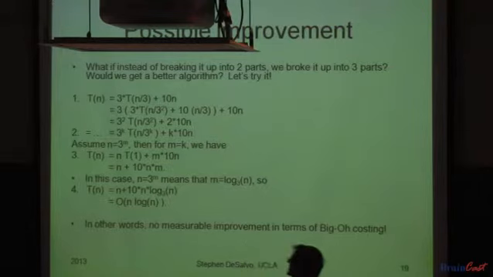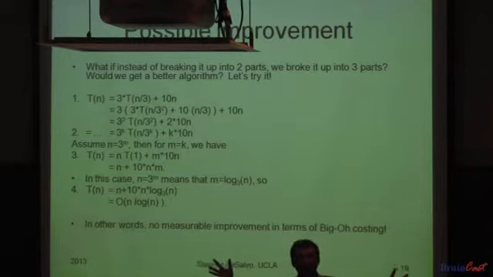Again, the same 4-step procedure. First, t of n is, well, you're going to sort a third of the list 3 separate times, a third, a third, a third. Okay? So that's where the t of n over 3 times 3 comes into play. Plus, and I just threw in a number like 10n. Okay?